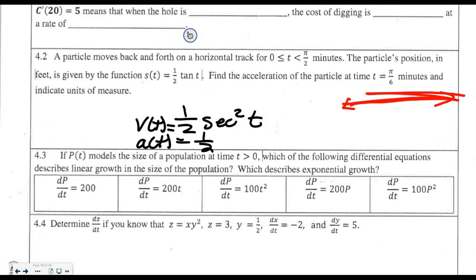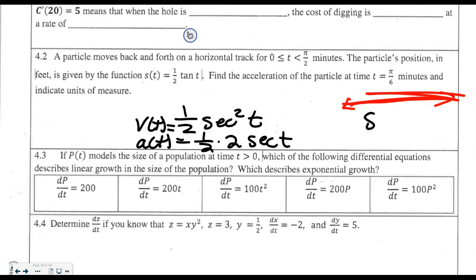Your acceleration would be 1/2. That's a function inside of a function. What do you use? What was sine squared? Chain rule. Yes. So 2 times, and I chose this one for a reason because it has the 2 you're supposed to memorize that people forget. So it's 2 times what? Secant t to the first.